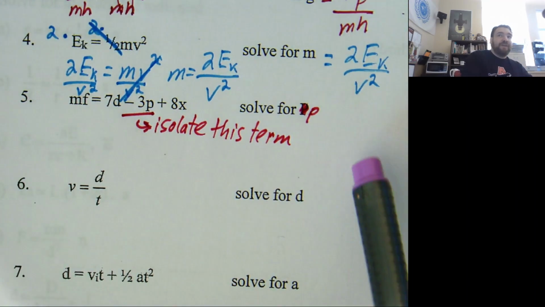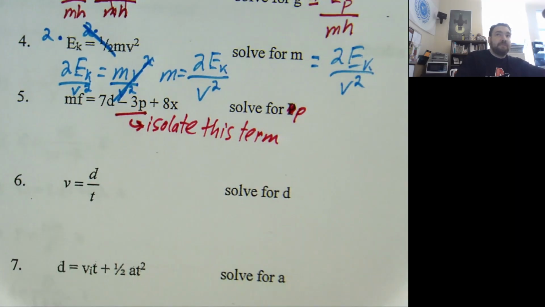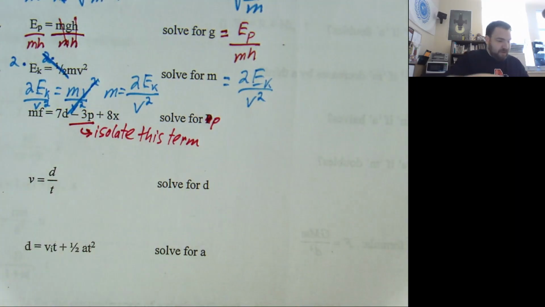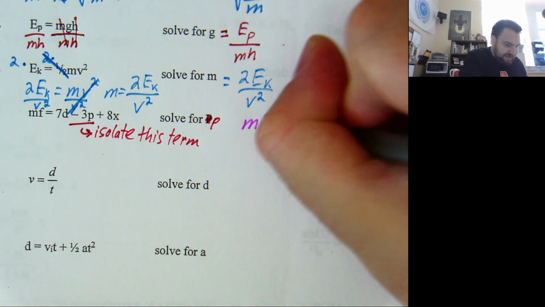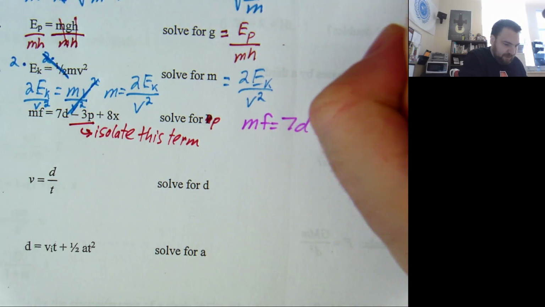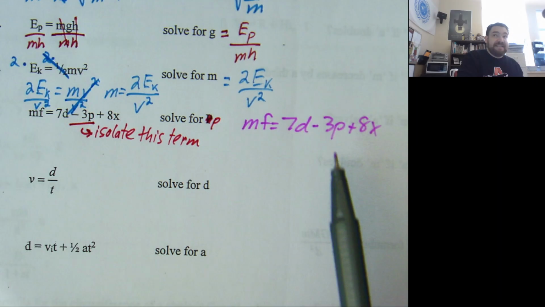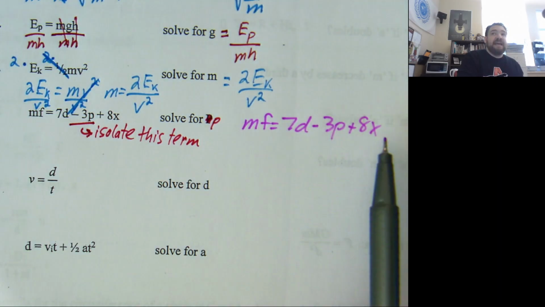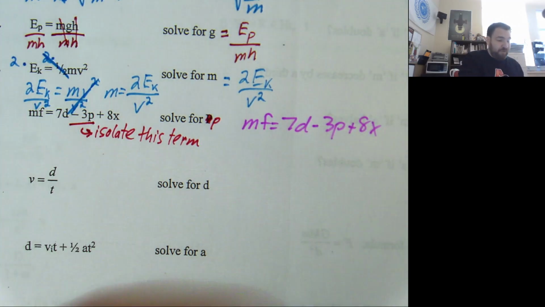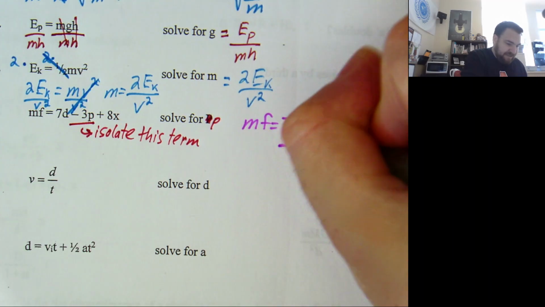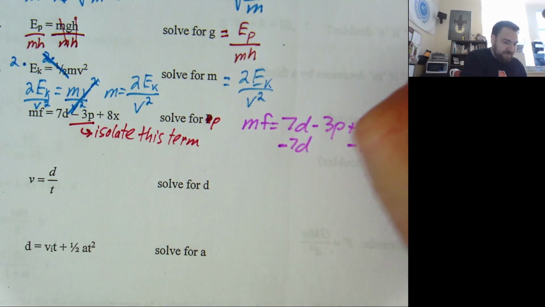And I'm actually going to move over here to do that. So I'm going to rewrite this over here. I've got mf equals 7d minus 3p plus 8x. And I want to isolate this. So 7d and 8x are both positive, so I'm going to subtract them both over. I'm going to subtract 7d, and I'm going to subtract 8x from both sides.